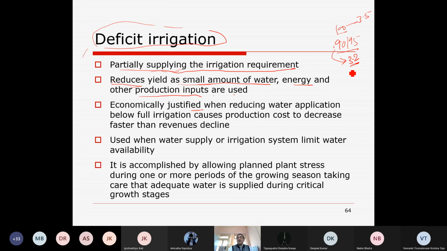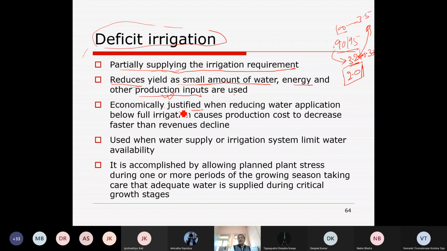But if it is reduced to say 2 ton, then it is a huge loss. A 1.5 ton per hectare loss we cannot simply take. So it's economically justified. This difference of 0.3 ton is okay, because the same amount of money we have saved in supplying less water and other input conditions, like pumping water, preparation of the land or whatever it is.